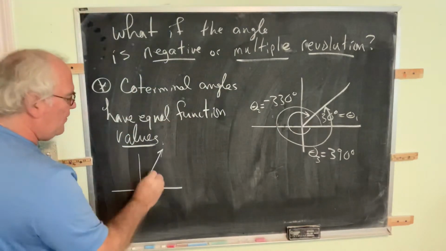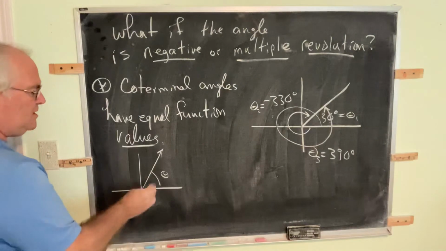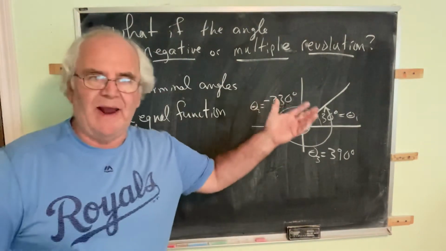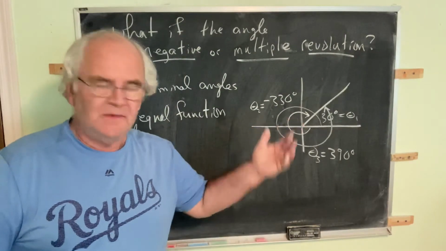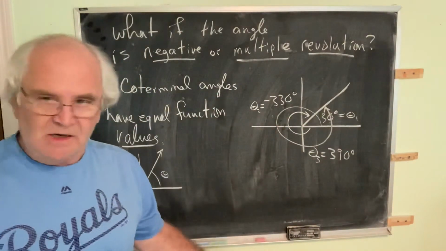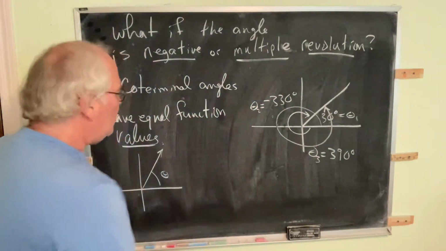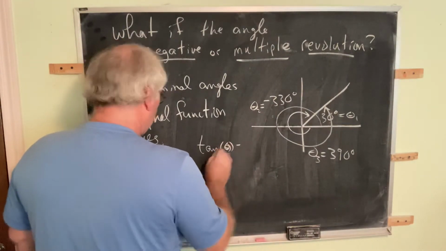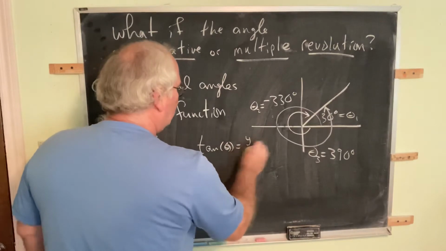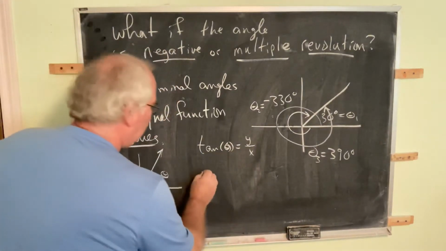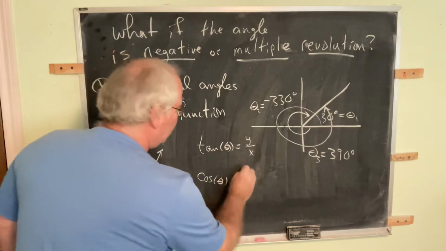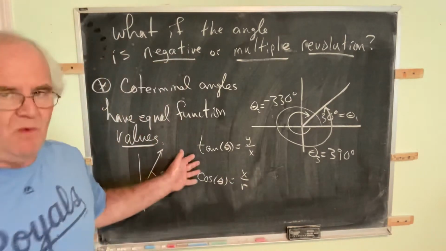Suppose this is angle theta. Pick any one of the functions, just at random. Let's pick tangent. It works with any one of the 6. We know tangent of theta is y over x. Let's do another one just to be sure. Cosine of theta is x over r. We could pick any one of the other 4.